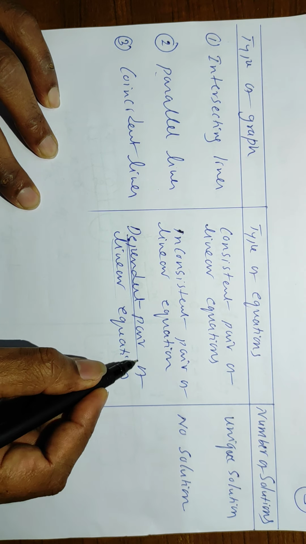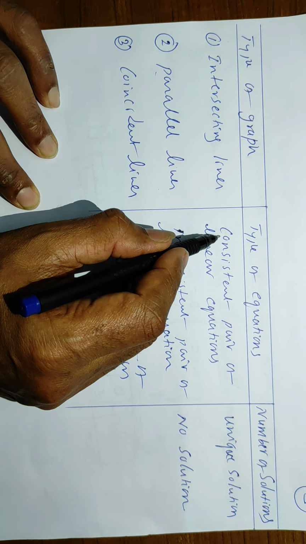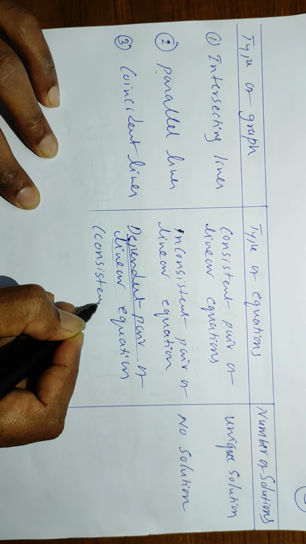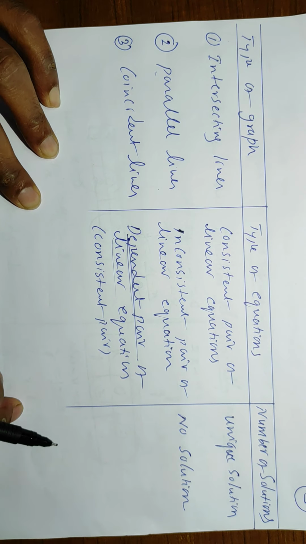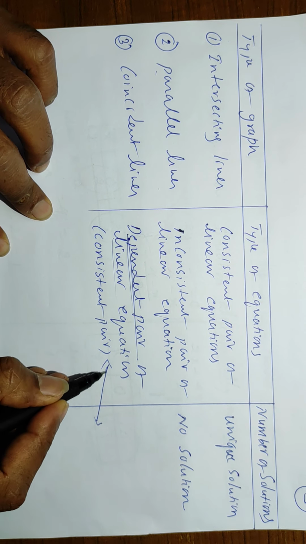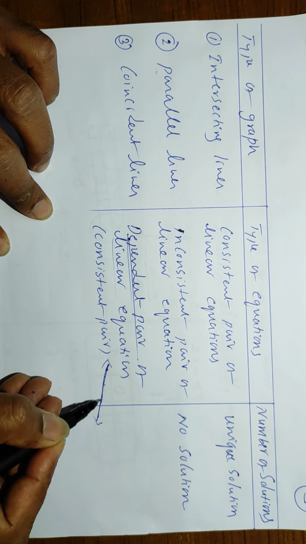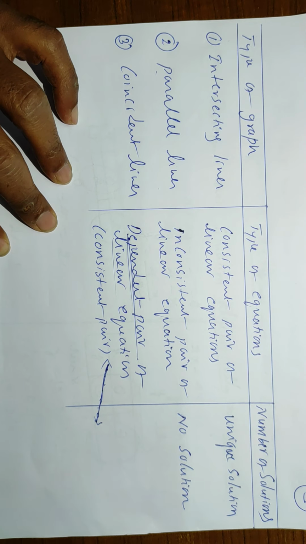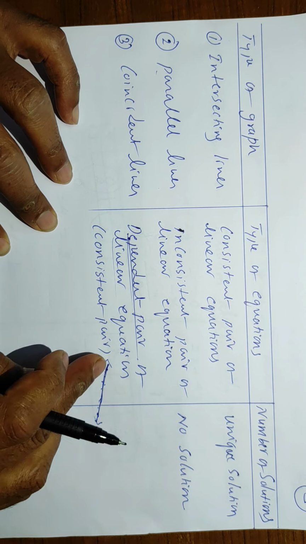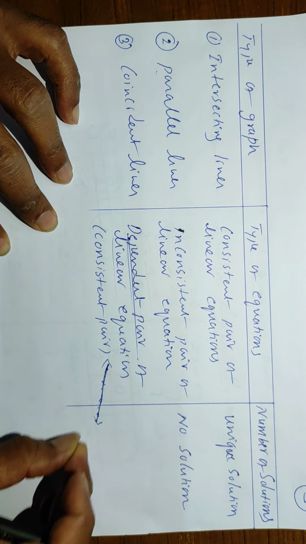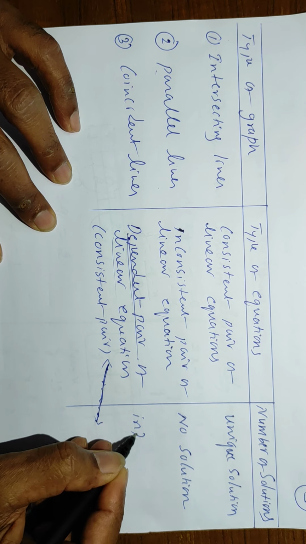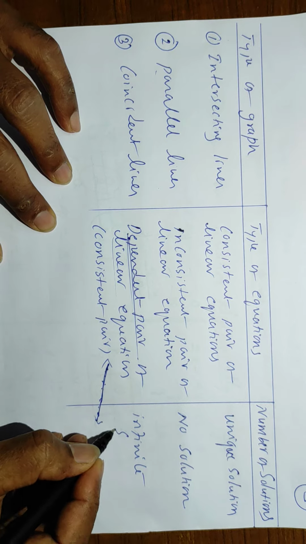And one more thing, a dependent pair of linear equations is also a consistent pair of linear equations. Since the lines lie one above the other, all the points are common. We know that each point is a solution. Therefore, since all the points are common for both the lines, there will be infinite solutions.